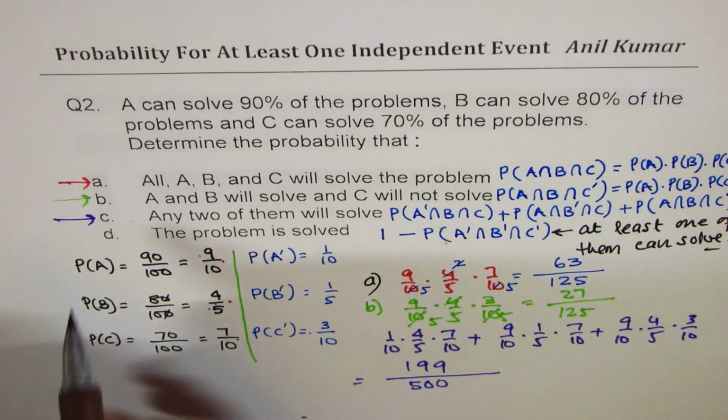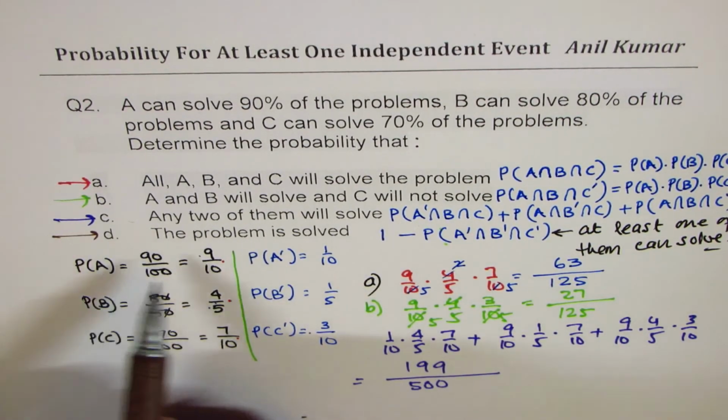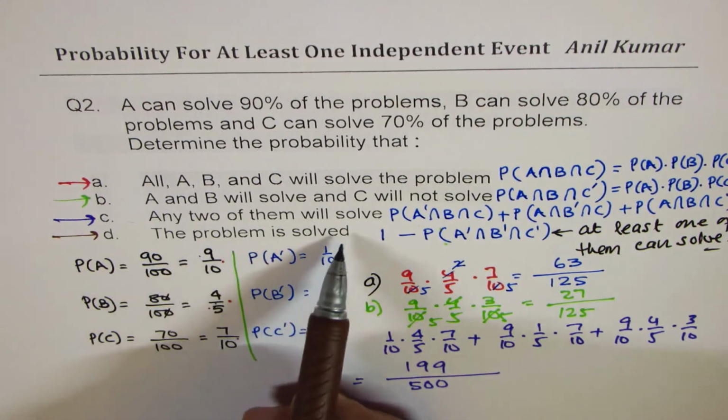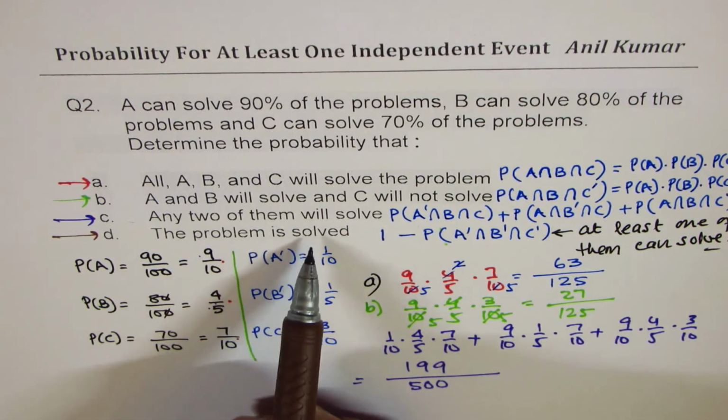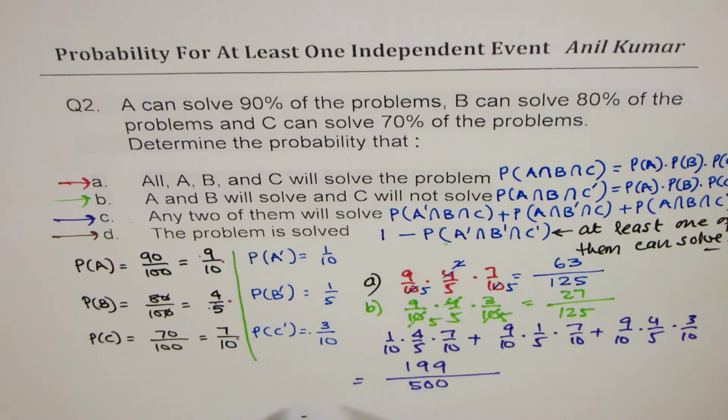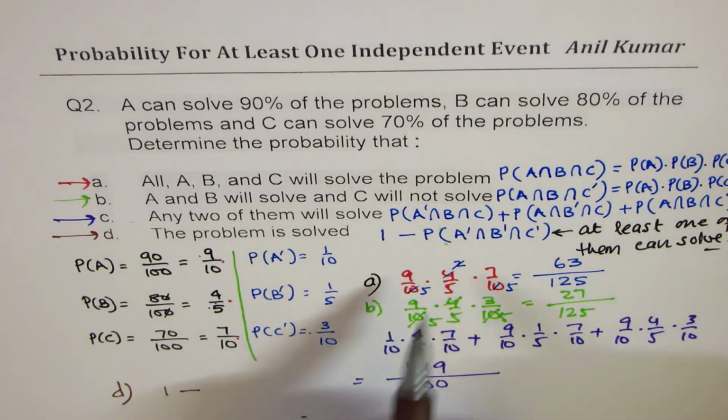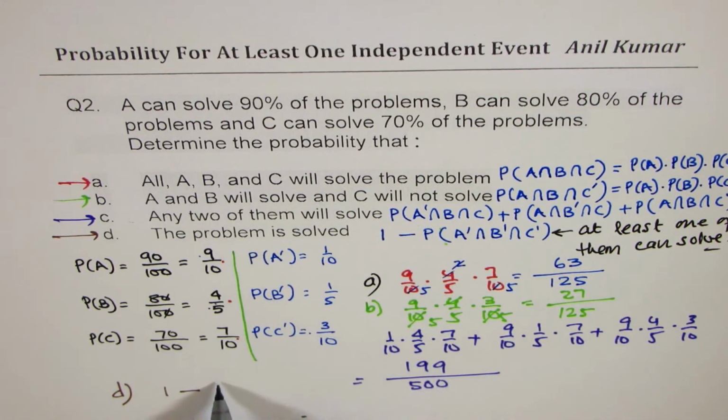Now the last one here is at least one of them can solve. So I could have reframed this saying at least one of them could have solved. So for part D, we have 1 minus these three products. So 1 out of 10 times 1 out of 5 times 3 out of 10, correct?